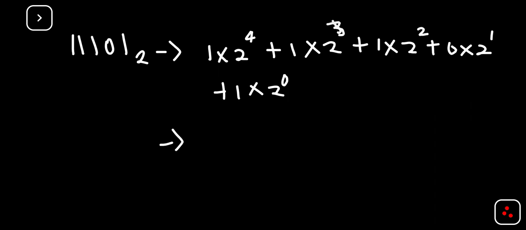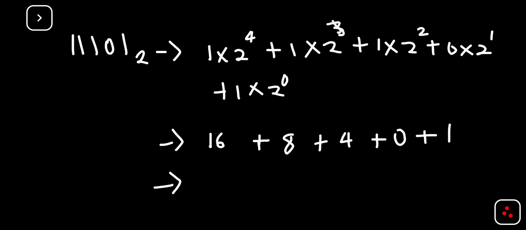So 1 times 2 raised by 4, 2 raised by 4 is 16, plus 2 raised by 3 is 8, 1 times 8 is 8, plus 2 raised by 2 is 4, 1 times 4 is 4. And this 0 times 2 raised by 1 is going to be 0. Then we have 1 times 1 here because 2 raised by 0 is 1. So we have plus 1. So 16 plus 8 is 24, 24 plus 4 is 28, plus 1, 29. So you see, we got back our value.